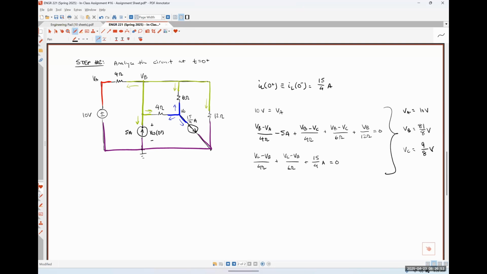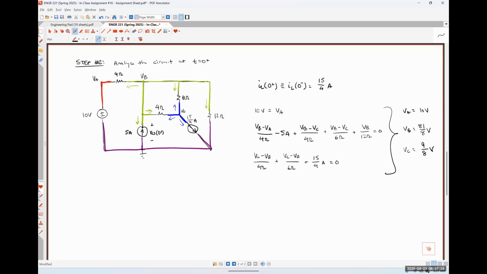All right. So I honestly believe that I made the mistake here. So let me look at my system again, just real quick. So 1, 0, 0, 10 for my first equation. That seems legit. For VA, I have negative 1 over 4. That's the only VA that I see in that equation. For VB, I have 1 over 4 plus another 1 over 4 plus 1 over 6 plus 1 over 12.